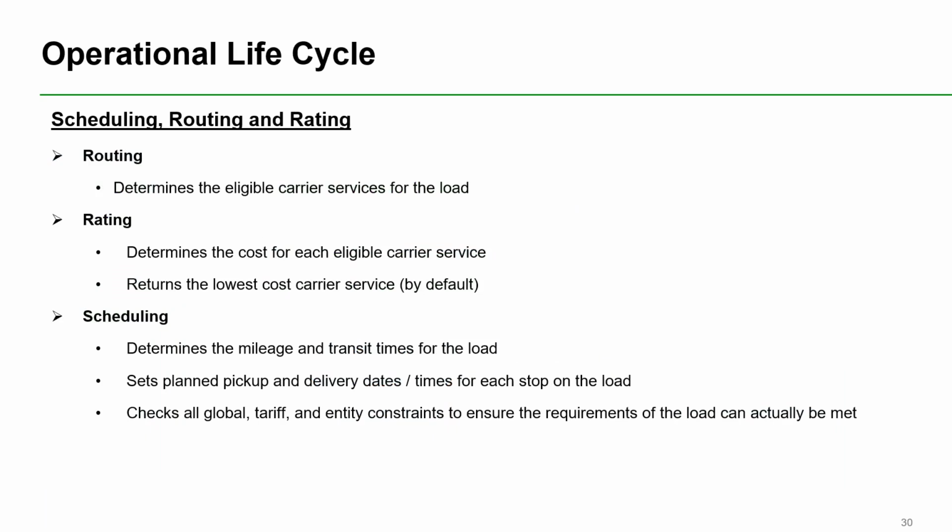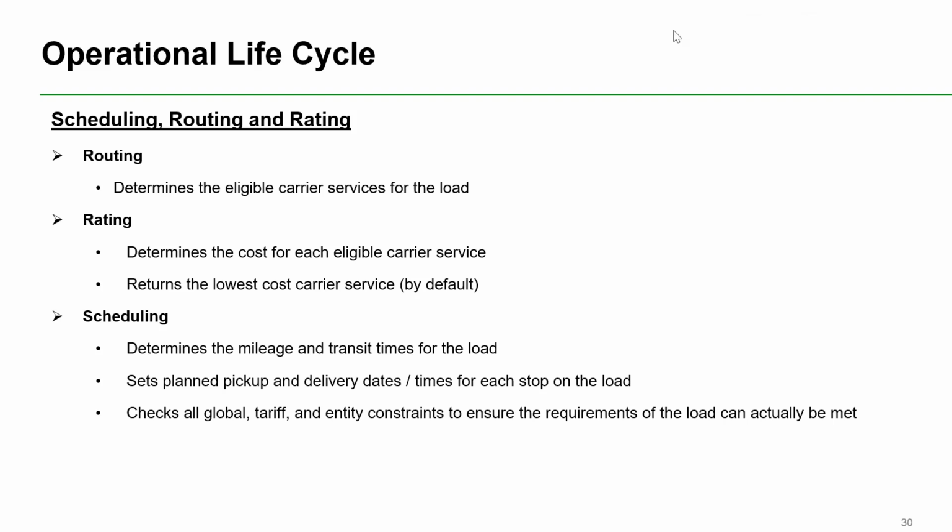Can you explain what RRS is? I told you some time back: whenever you perform optimization, these three processes run, routing, rating, and scheduling. What is routing, rating, and scheduling? Routing is checking the most cost-effective route.